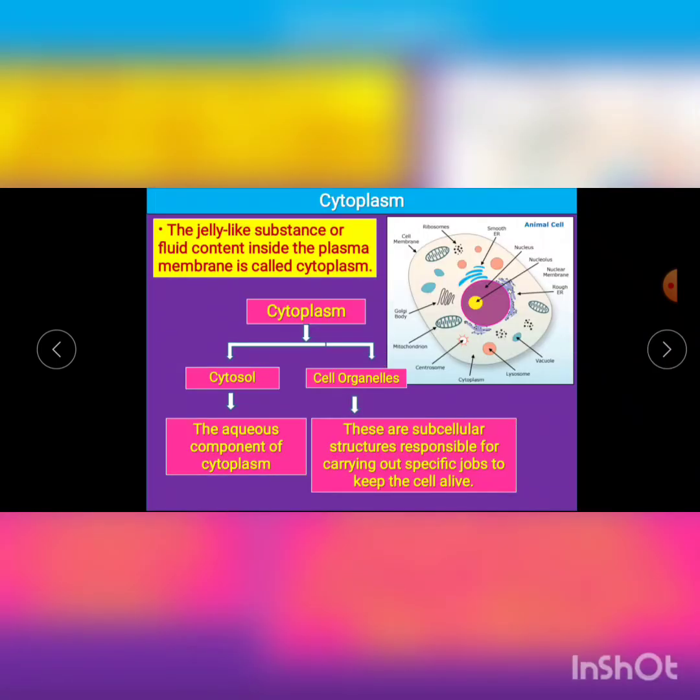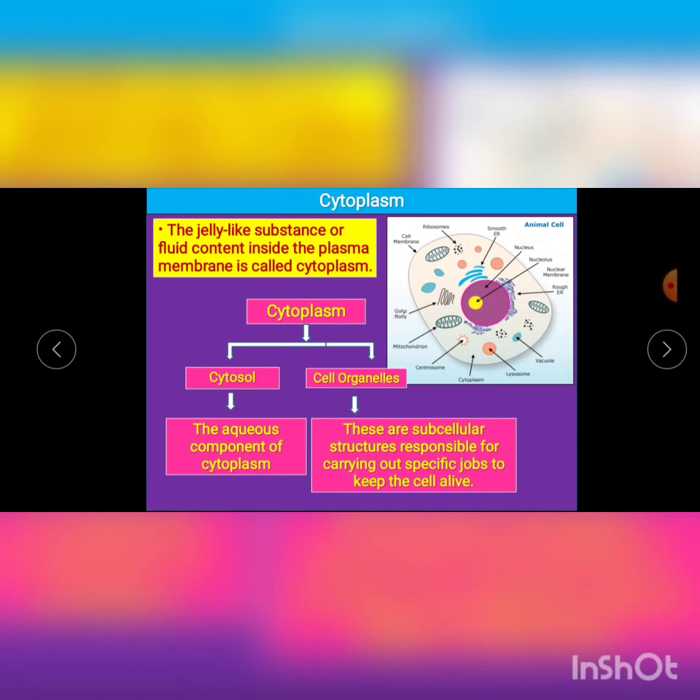Next topic we will discuss is cytoplasm. Cytoplasm is the jelly-like substance or fluid content inside the plasma membrane. So if this is the plasma membrane, inside the plasma membrane this whole structure is filled with fluid or jelly-like substance and it is called cytoplasm.